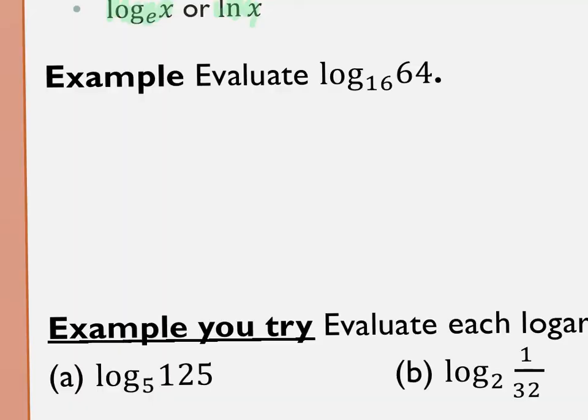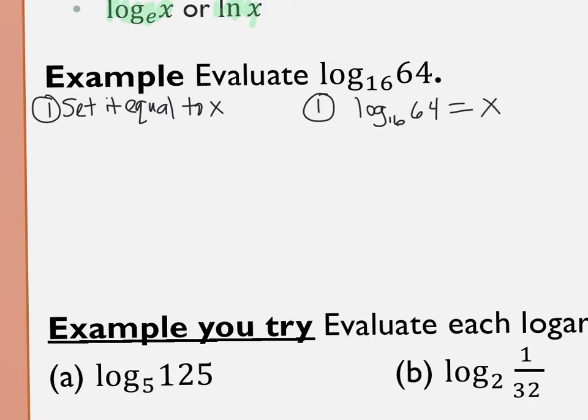Now let's look at another type of problem in which we have to evaluate logs. The first thing I would do is set it equal to x, or a question mark, or some unknown number. So log base 16 of 64 equals some number. The next thing we will do is write it in exponential form.